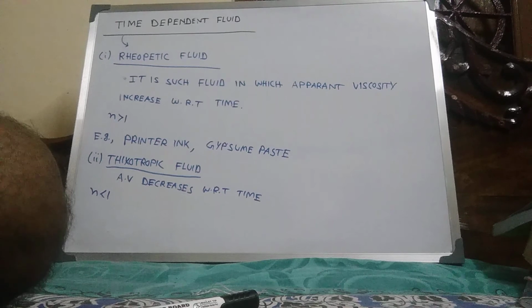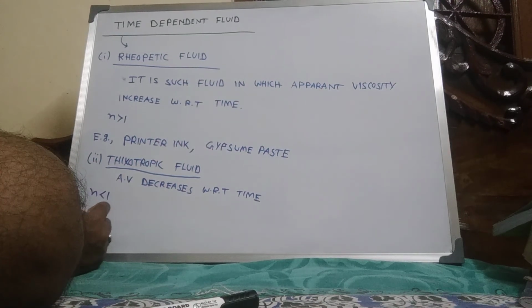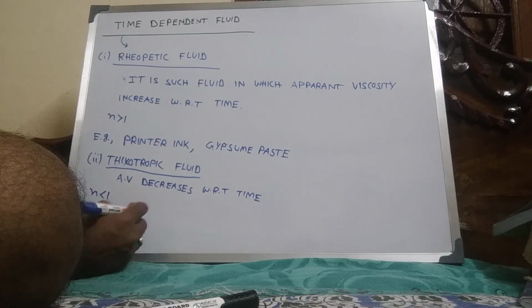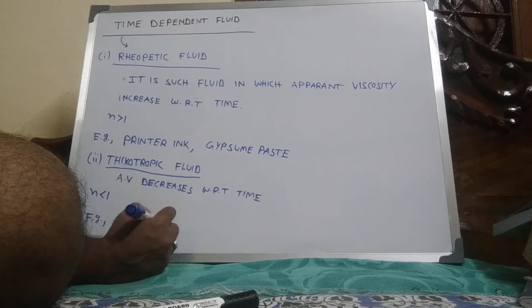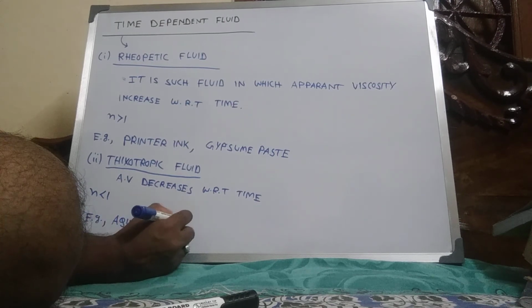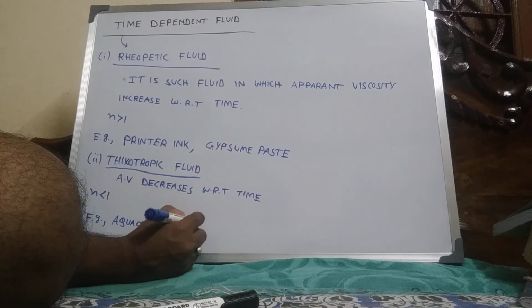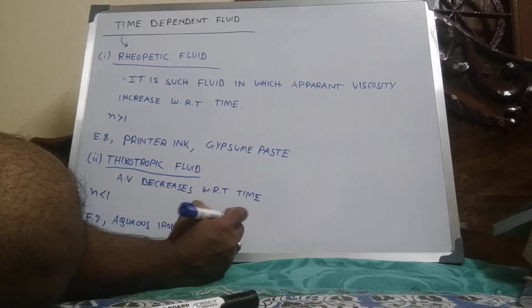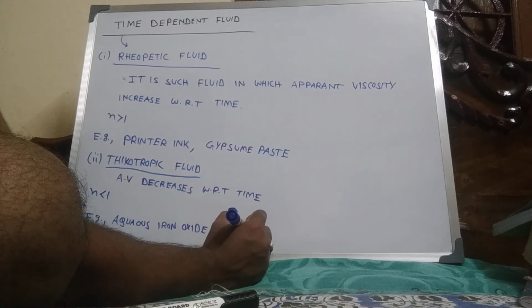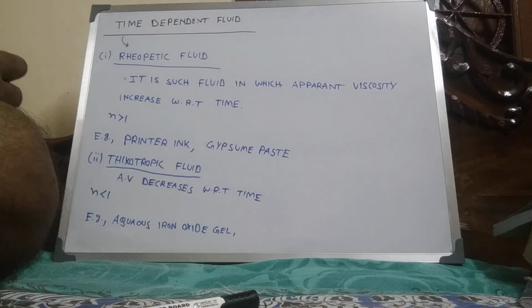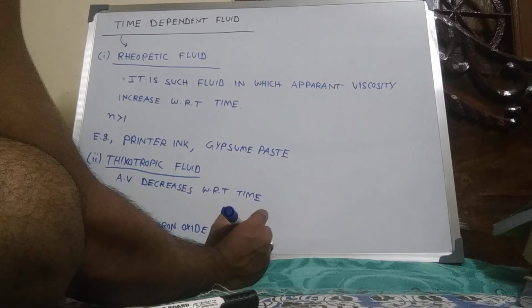And examples are aqueous iron oxide gel. The next is pectin gel.